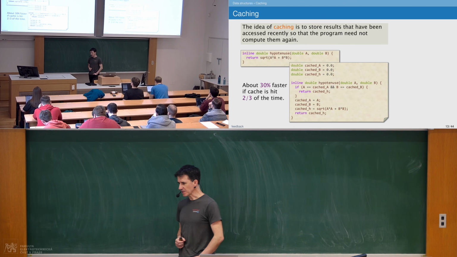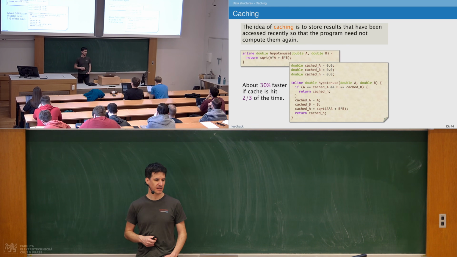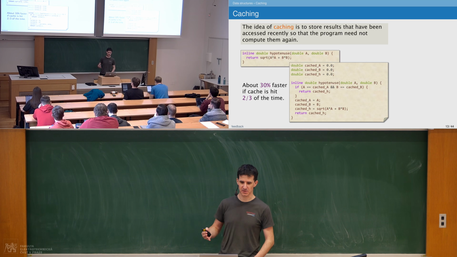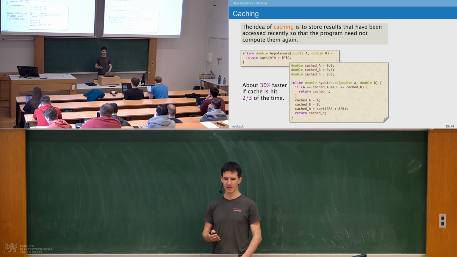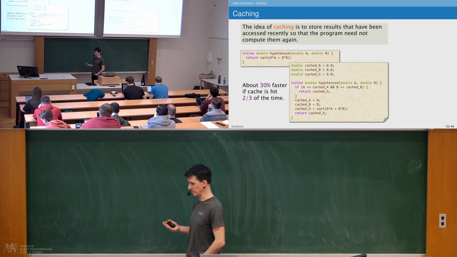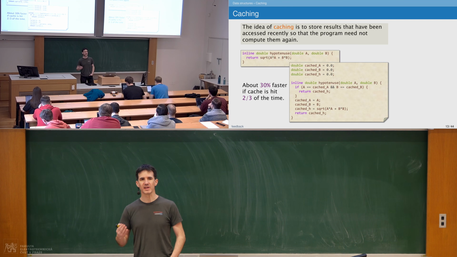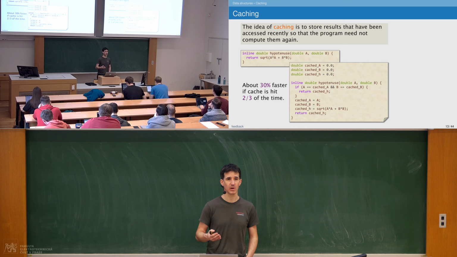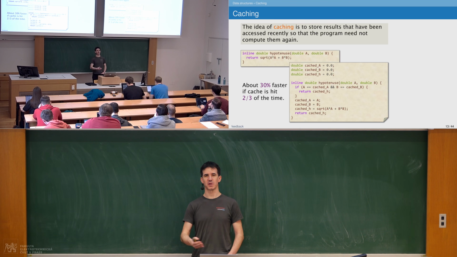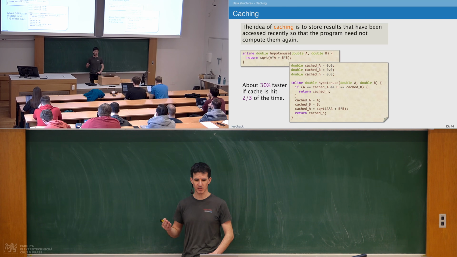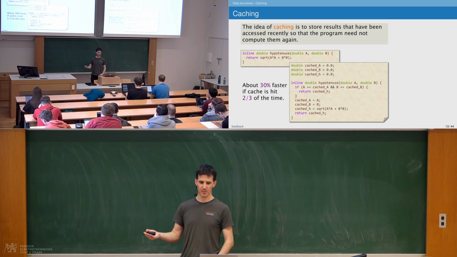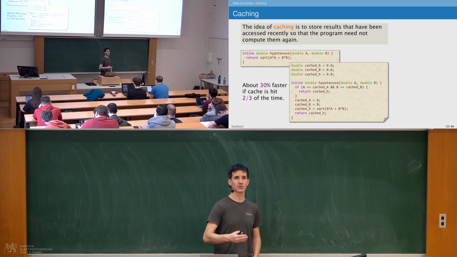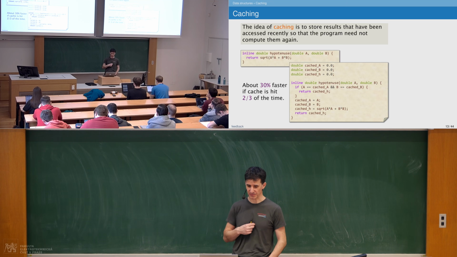So a similar technique, but not so static, is called caching. If you know that there is some value which can be computed, but this computation is expensive, and you know that it's quite likely that you will use the same value later, you can just remember the already computed value for next time, and if the same value is needed later, you will just use these remembered values.